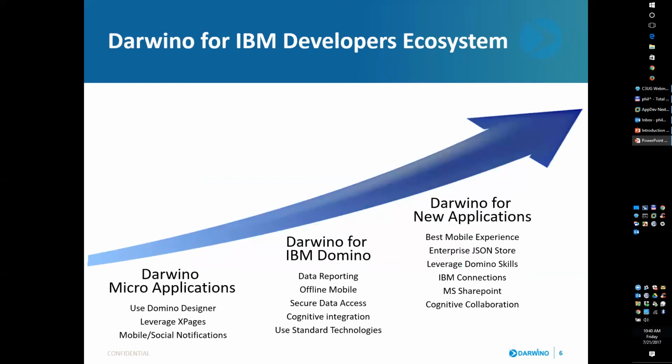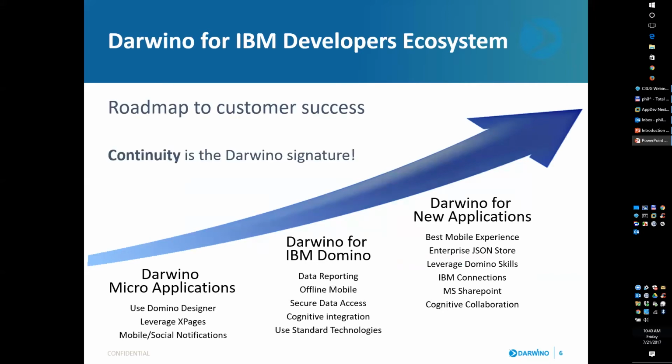So one of the things we're doing with Darwino for IBM developers is that we are providing continuity. Continuity is what we call the Darwino signature. So you start with your skills, and incrementally, you can enhance your applications without any disruptions. So you can start with micro apps.